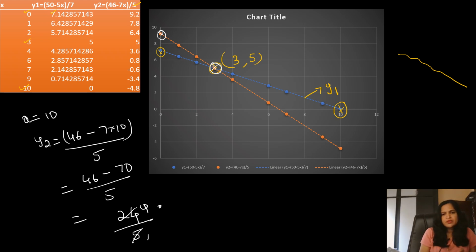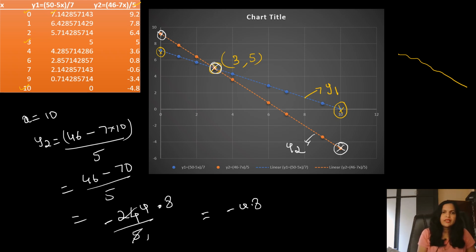After the decimal point it becomes 40. 5 eights are 40. But the answer is negative because 70 is greater here. So minus 4.8 is the value we have to mark here. Join these 3 points and draw this line. This is y2.